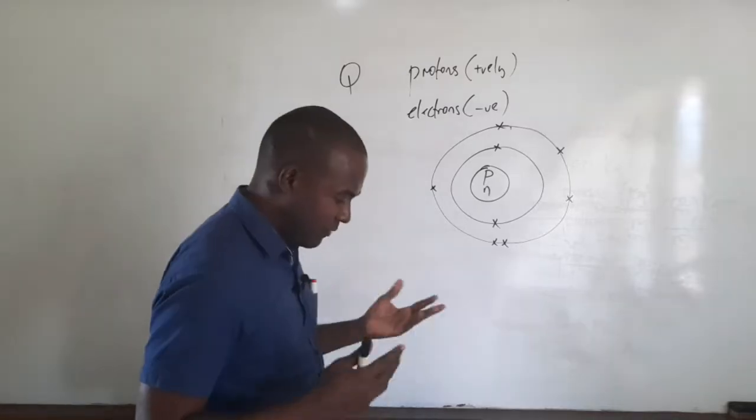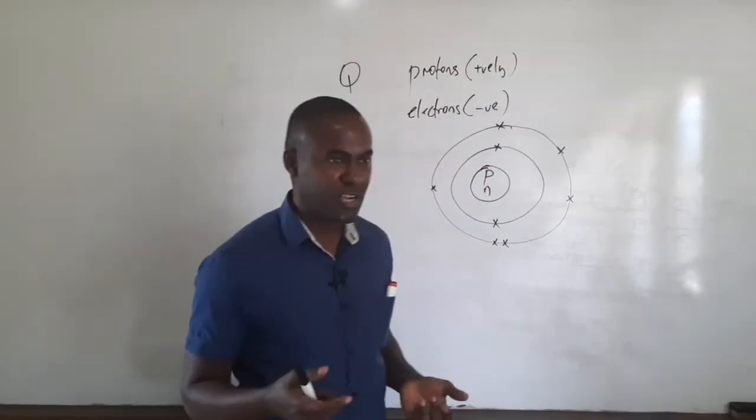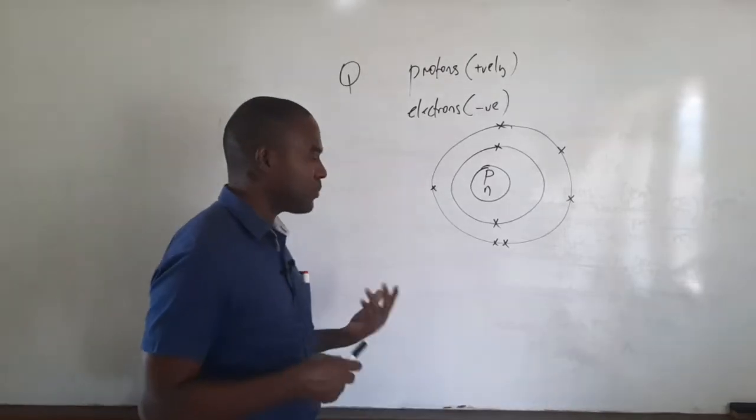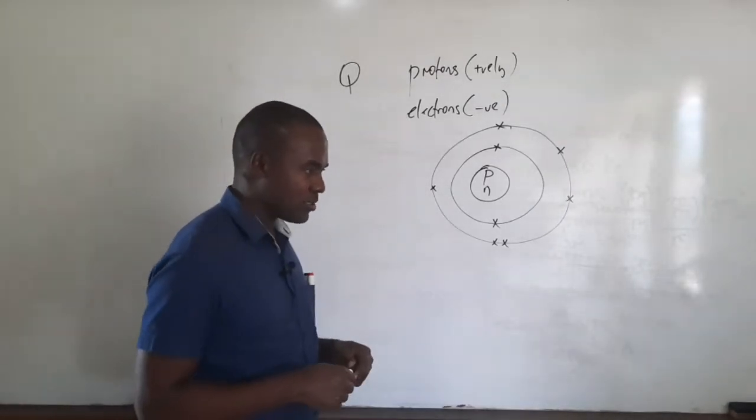So as I said before, we have two types of charges, positive charge and negative charge. Negative charge is carried by electrons, whereas positive charge is carried by protons, right?